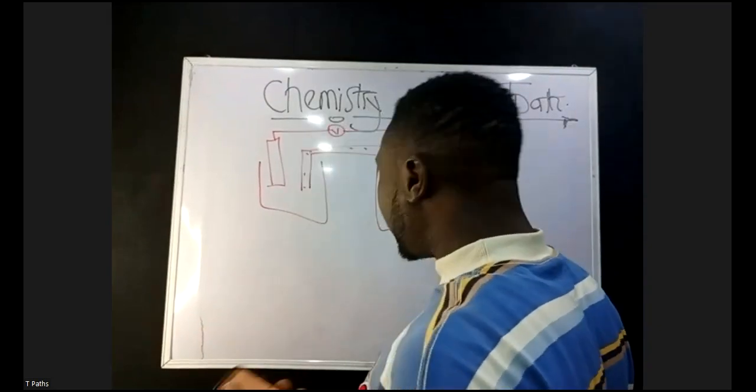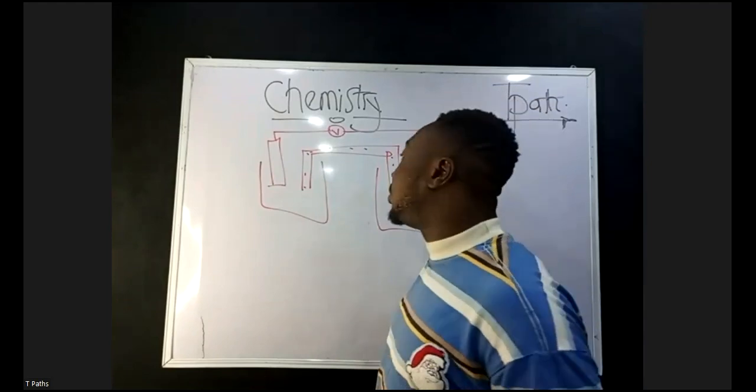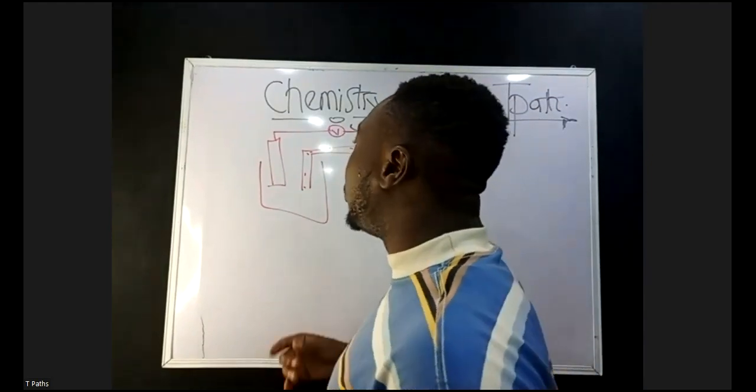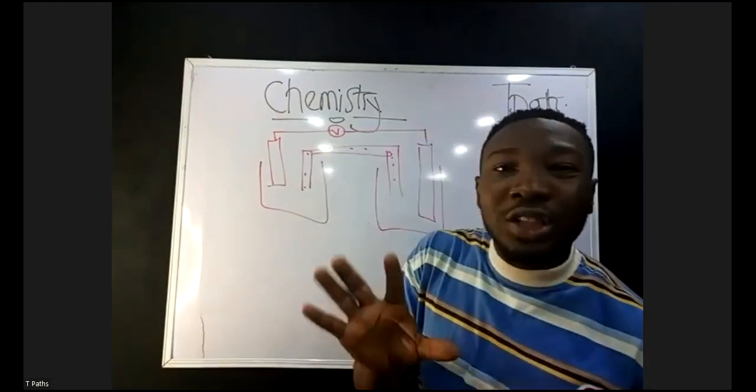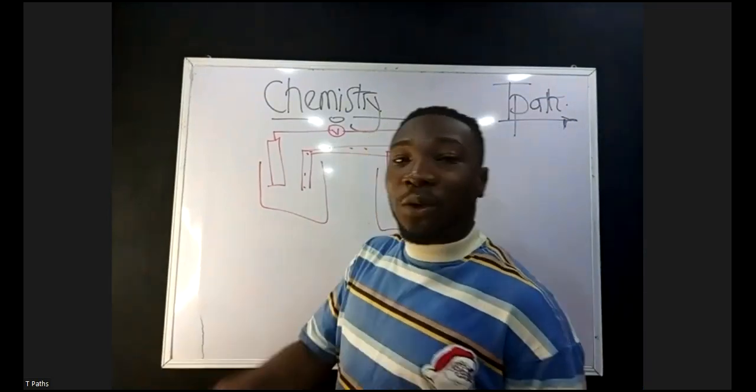Now, in an electrochemical cell, first we need to know that we have an oxidation half cell.